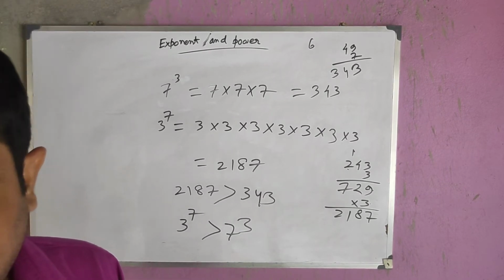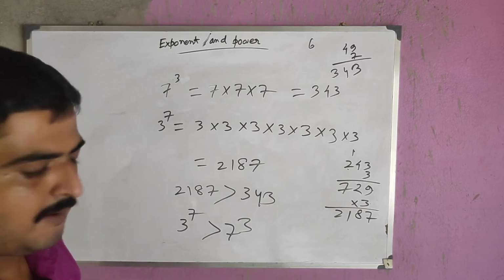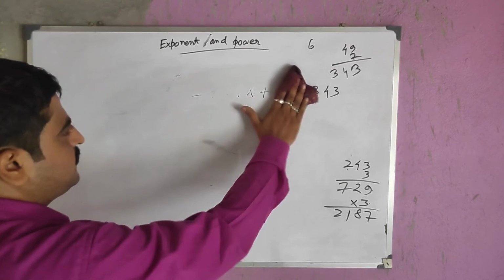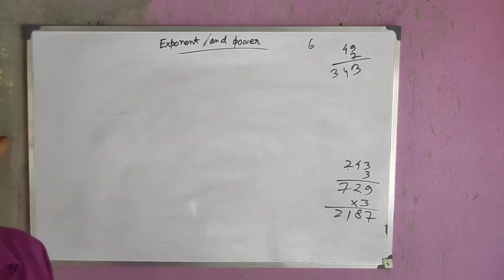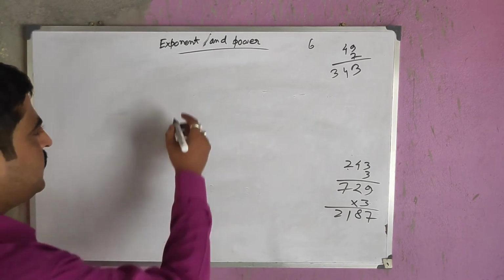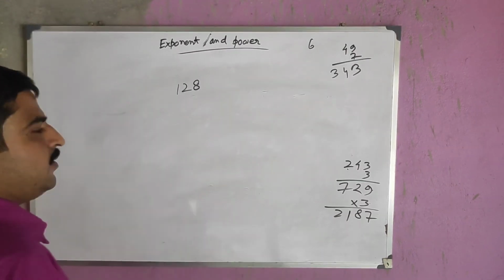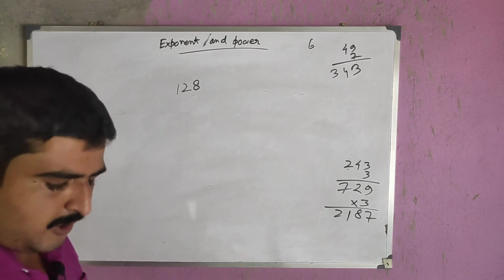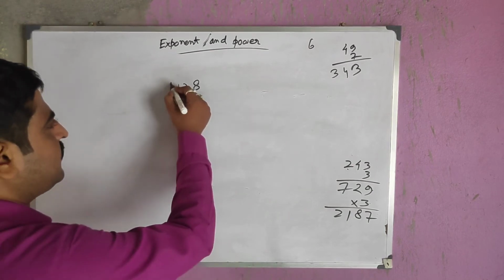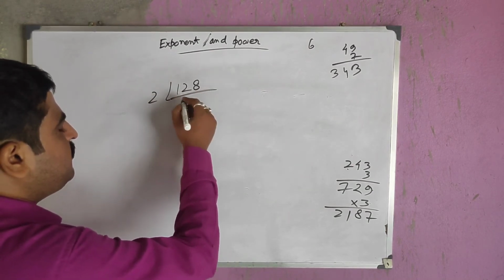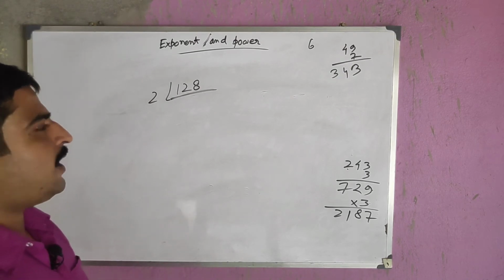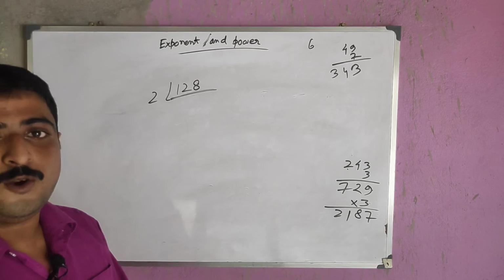Next, write the numbers as the power of 2. 128. So we have to factorize 128 in prime factorization method. As we have to represent it in the power of 2, we have to divide always with 2 only, not other number.